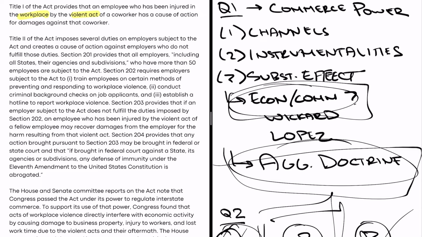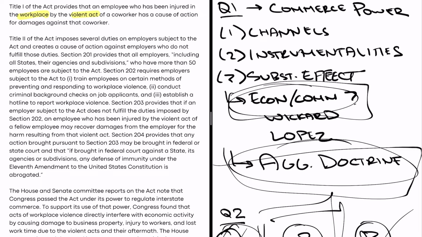Okay, so we're not seeing how this is regulating the channels or instrumentalities, right? This is not regulating the pathways through which interstate travel and communication pass. This isn't like an interstate highway regulation or a phone line regulation, right? We're not seeing how this would be an instrumentality of interstate commerce, the persons and things moving in interstate commerce, right? It just says employees who have been injured in the workplace. We're not seeing the movement across state lines in that language yet.